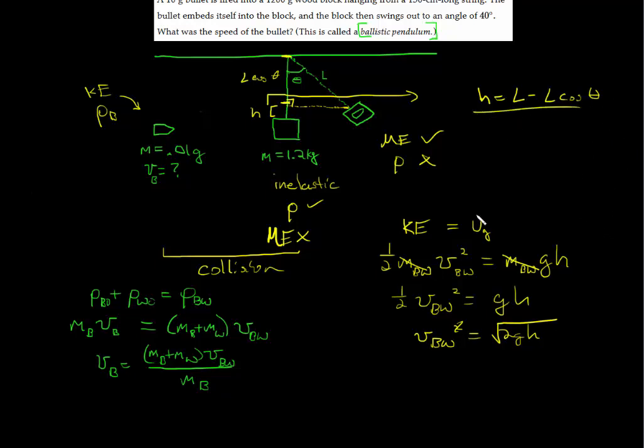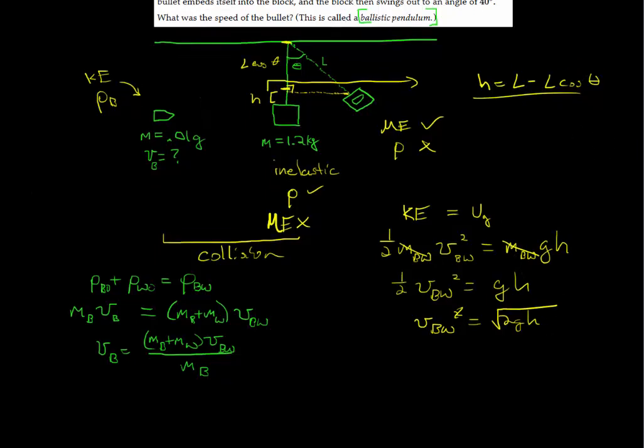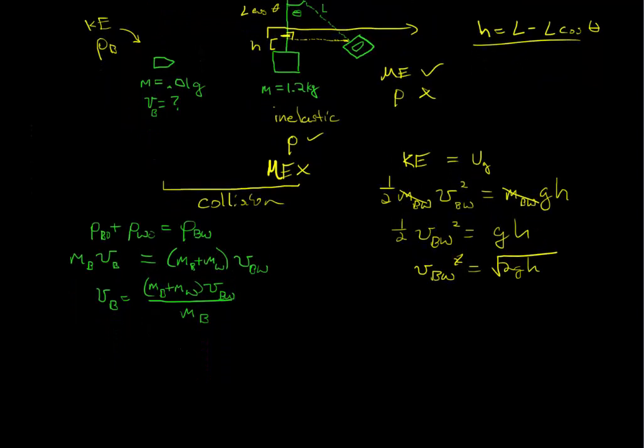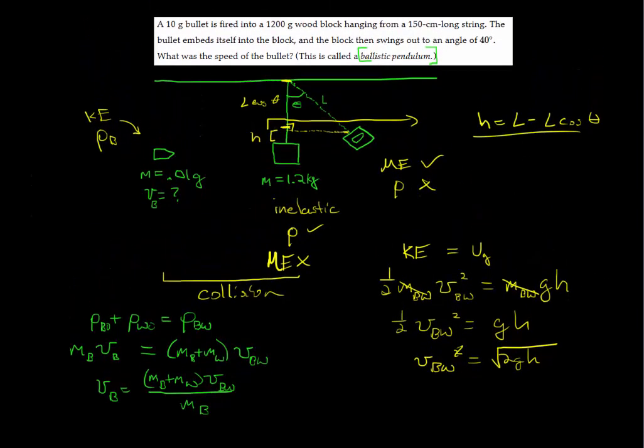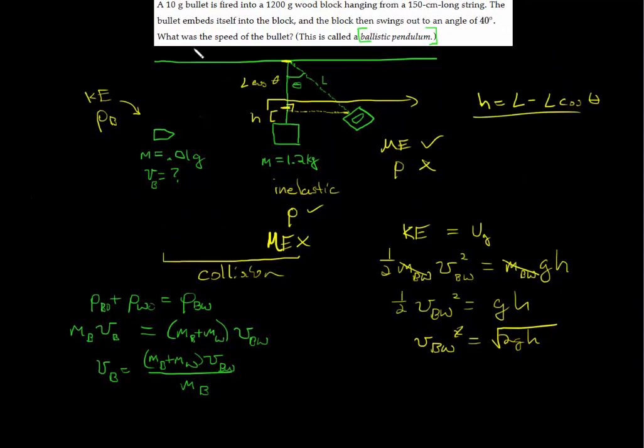So we could go ahead and plug it in there for H, but I'm not going to plug it in because it's a lot to write. At this point, we're kind of done, because we know all these quantities. What was L? 150 centimeters, so L is 0.15 meters.